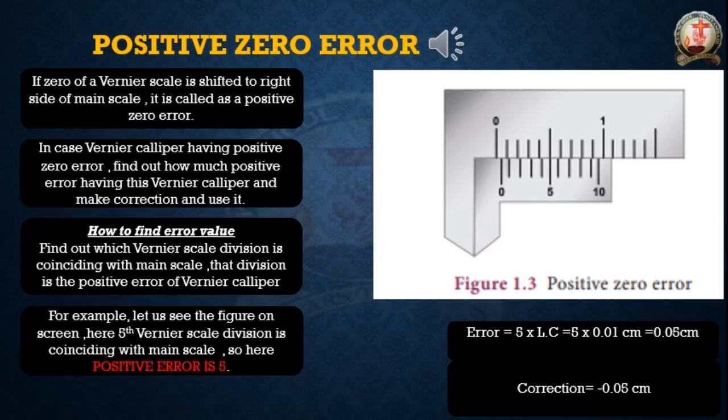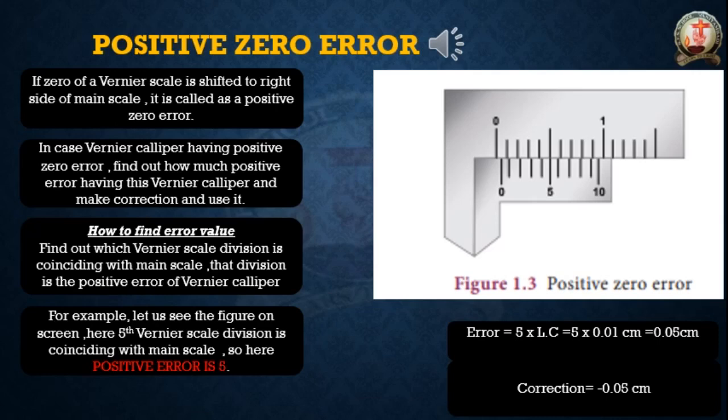The fifth line, that big line on the vernier scale, is exactly equal to a main scale line. So the fifth division on the vernier scale is coinciding with the main scale reading.